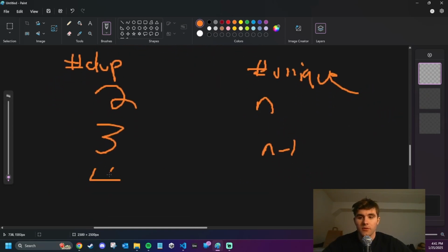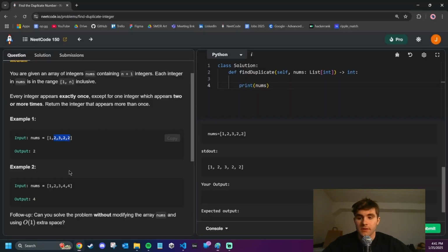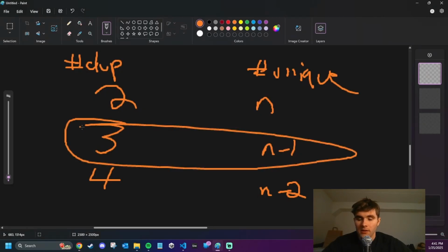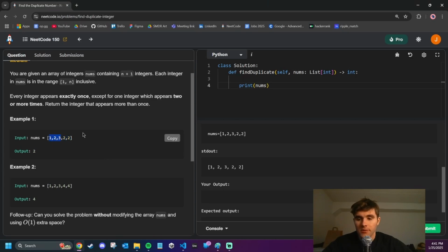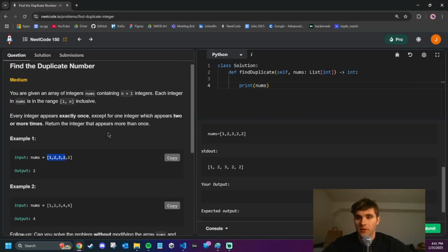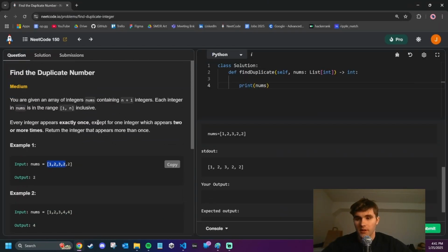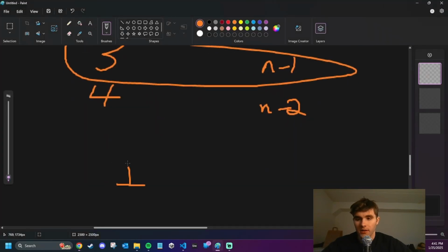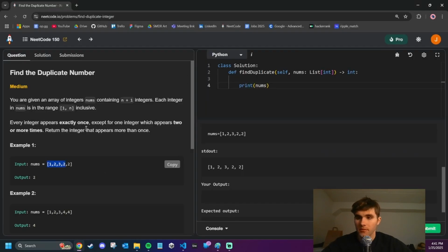And if you have 4, then it's n minus 2. For instance, this has 3, so the number of unique is 1, 2, 3, which is n minus 1 because n is 4. It's also possible that you could have an array 1, 1, 1, 1 like this. That's a possible input, I believe.